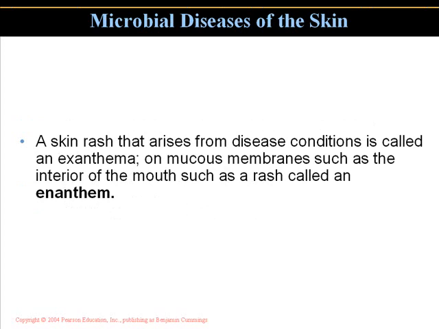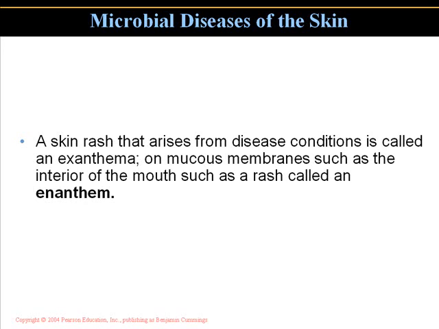A skin rash that arises from a disease condition is called an exanthem. Exanthems are seen on the skin. On the mucous membranes, those inside cavities such as inside the mouth, that presentation or rash is referred to as an enanthem.